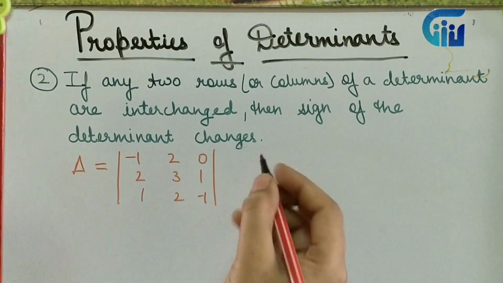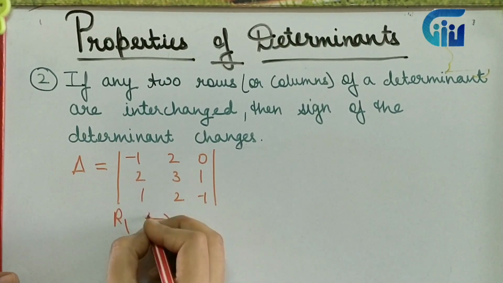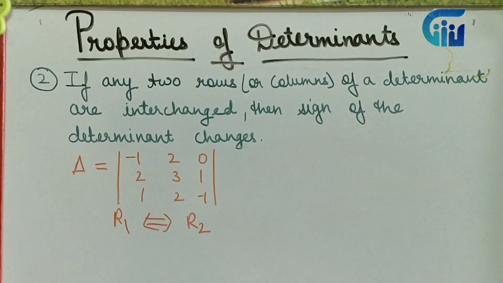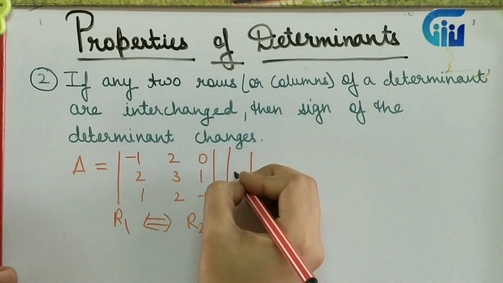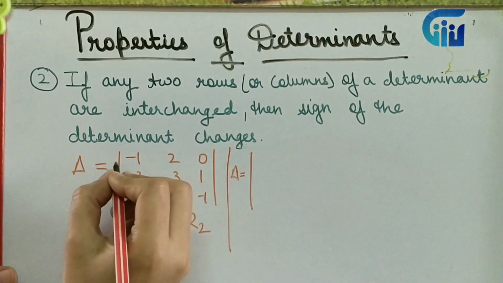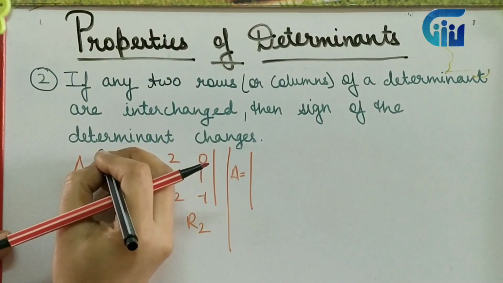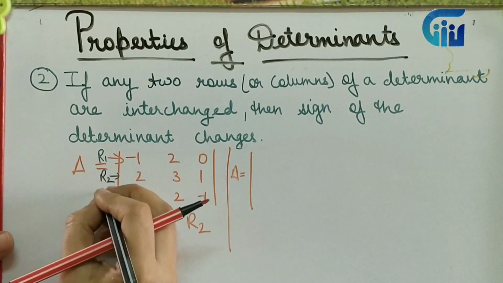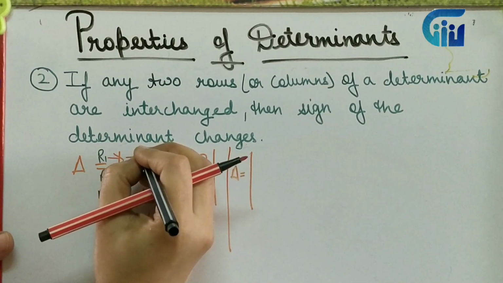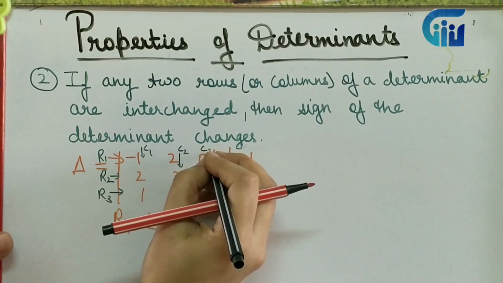So over here I'll change R1 to R2. We write it like this, changing R1 to R2. R1 becomes R2, R2 becomes R1. So over here I'll change my determinant and write this is my row 1. If you remember, this is how we write the notations. So this is R2, this is R3, this is column 1, this is column 2 and this is column 3.